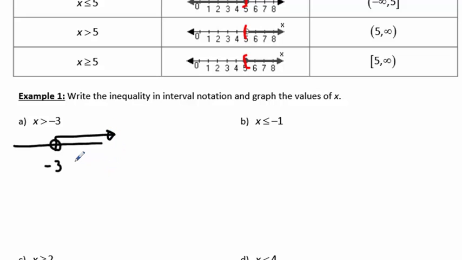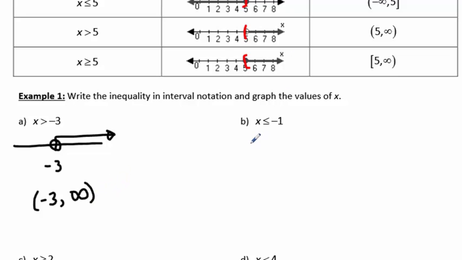That would be an acceptable graph. Now the interval for this is going to be all values starting at -3 but not actually including it, so parentheses around that -3, up until the highest possible value, which would be represented by infinity.